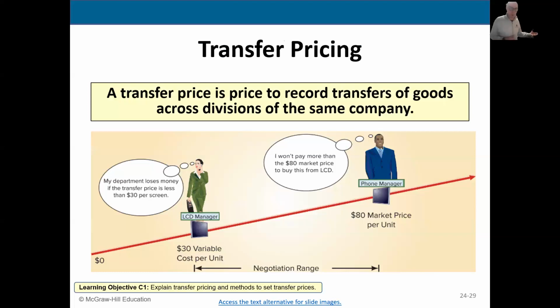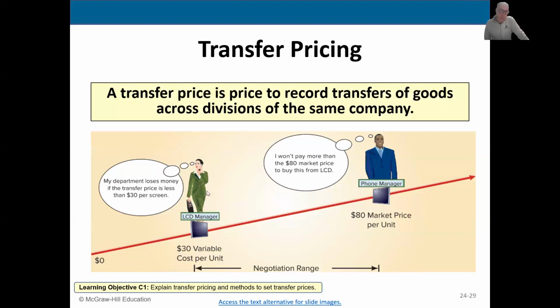In thinking about our earlier example of Samsung making LCD televisions and phones, and understanding the capacity of their ability to manufacture televisions and phones, we consider what's known as transfer price. Transfer price is the price to record the transfers of goods across divisions within the same company.